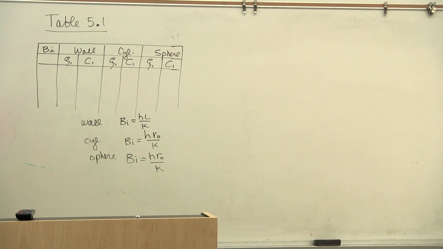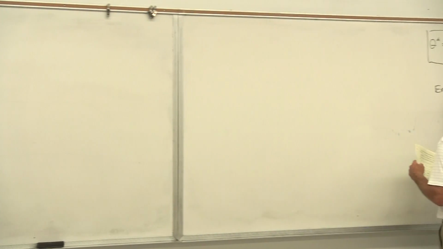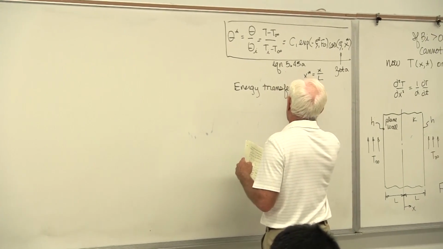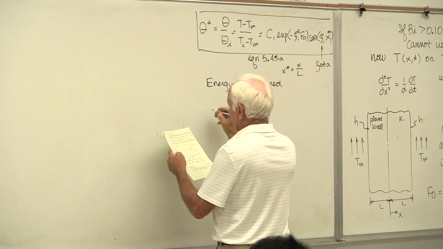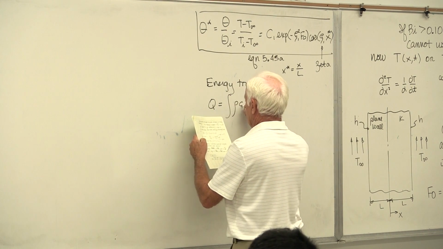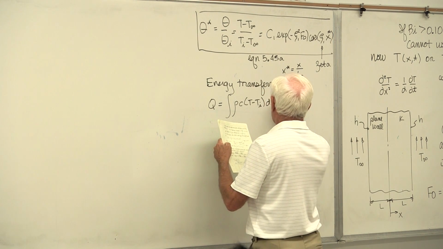All right, don't forget heat transfer number 1. The object is to find the temperature, how it varies with whatever, time or spatial coordinates. Number 2, find the heat transfer. Okay, so the total energy transferred Q is the integral of rho C (T minus Ti) d volume.